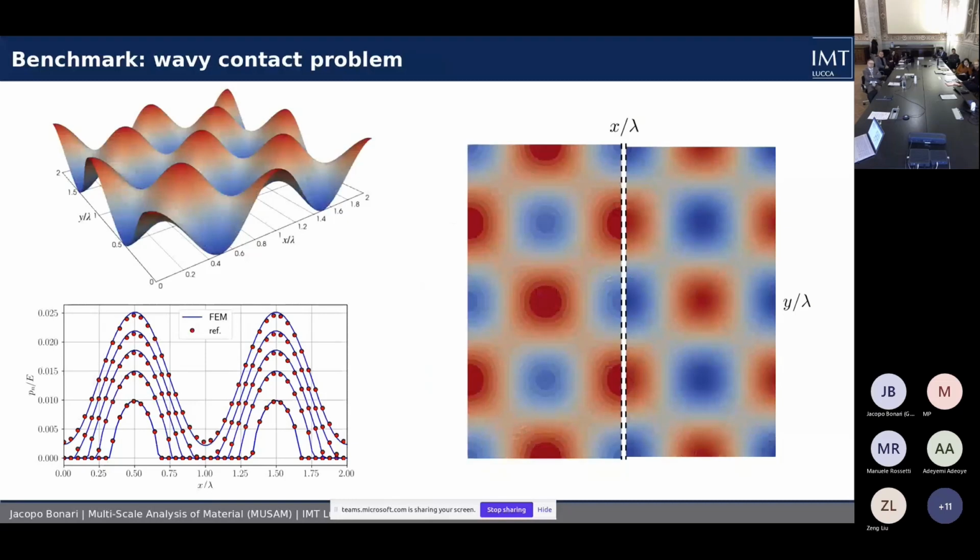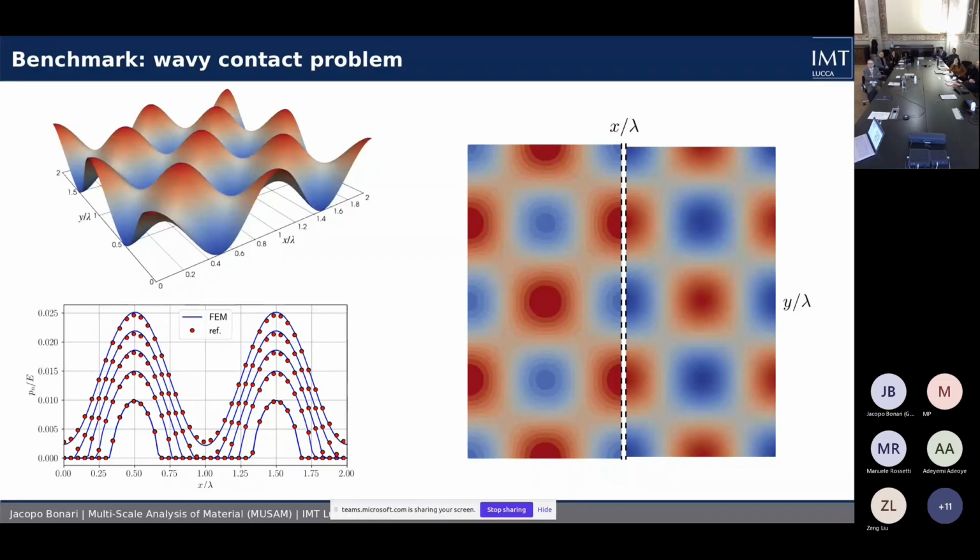So we tested the same implementation against a more complex surface. For example, here we have a wavy surface characterized by the superposition of a sine wave in two directions. The same problem, so we have this rigid wavy surface indenting a half space.